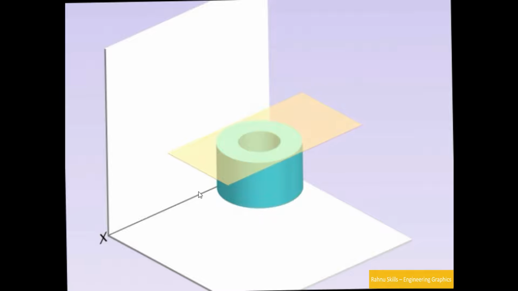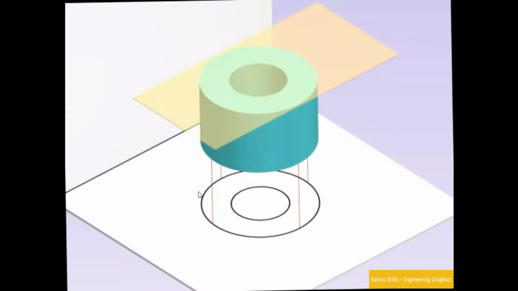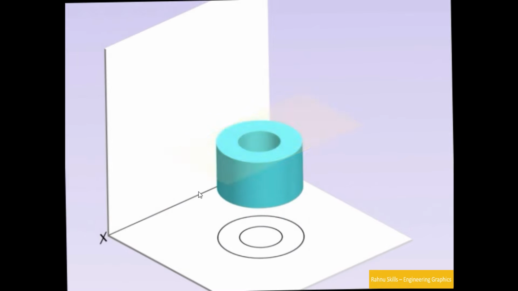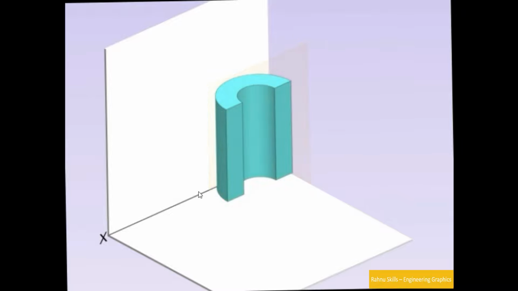Now you can see when I cut it horizontally, the size of object gets reduced, but even then the internal structure is not clear, so we cannot go for horizontal sectioning. So what should we prefer for this? We should go for vertical sectioning so that its internal shape will be more clear. Just to see that, it will be better if I cut it vertically.